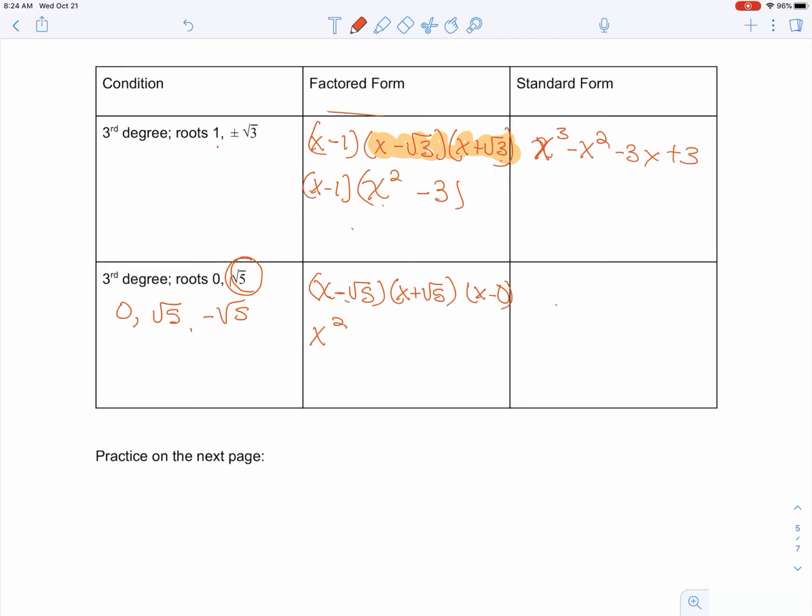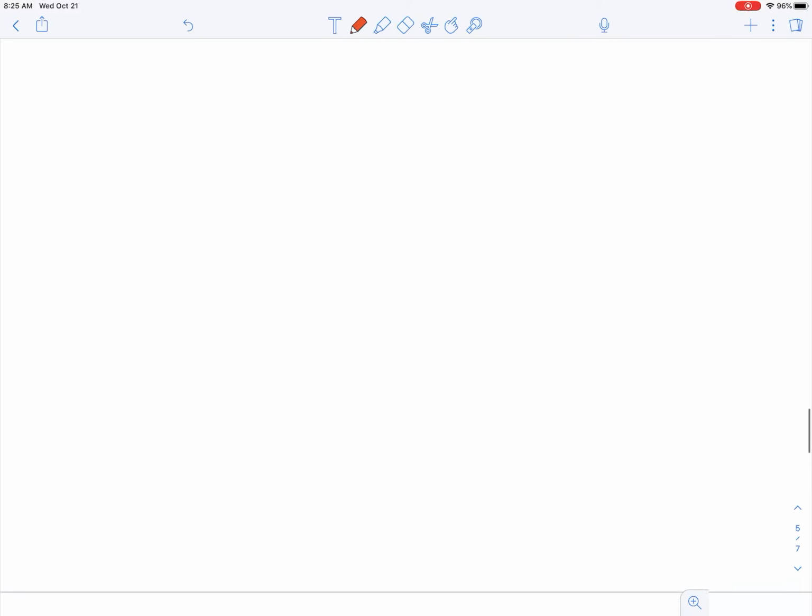Okay? So I multiplied these two together. Remember they're conjugates, so I just have to multiply the first and the last. And then x minus 0 can just be written as x. So this is x cubed minus 5x.